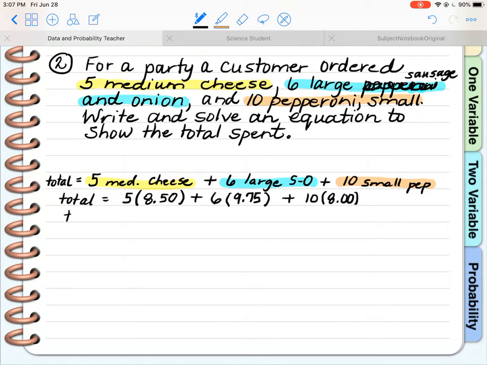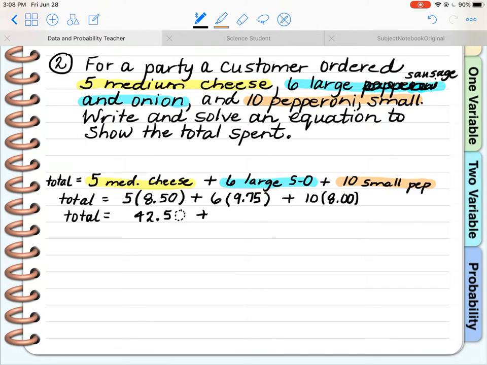So I'm just going to keep coming on down with the word total. And on my calculator, I'm going to say 5 times $8.50. And that's $42.50 for the medium cheeses.